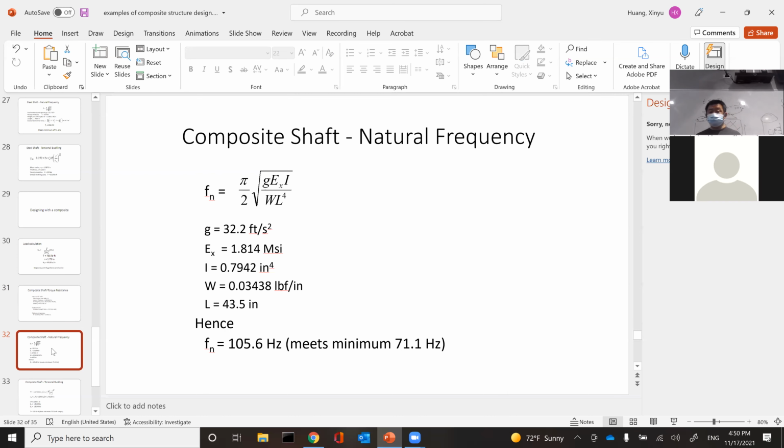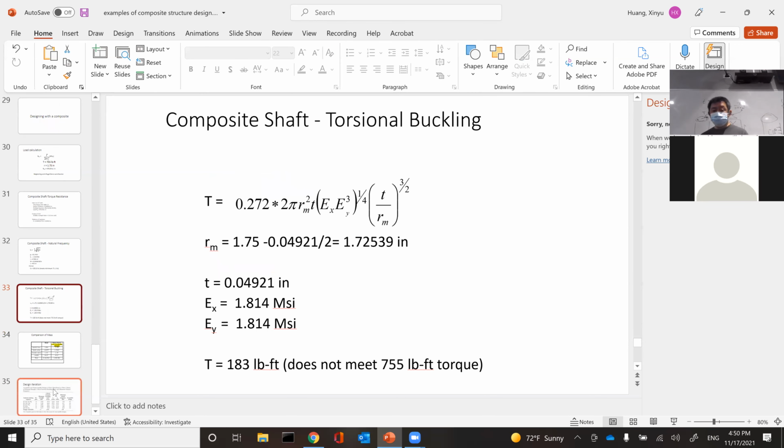The natural frequency was calculated using the properties of composites. It turns out to be good enough. And the buckling load was also calculated. The torque that causes the thin wall tube to buckle, according to the equation, is actually very low. It's only 183 pounds. So this is not good, not going to work. Too weak in terms of buckling resistance.